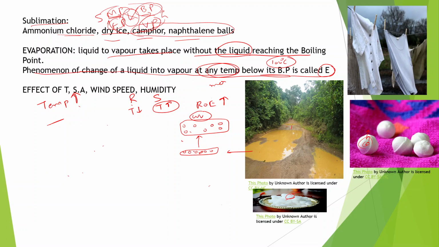So it is changing. To change from this state to this state, energy is required so that it can change from the first position to the second position, that means water to water vapor. That energy is taken from the surroundings.